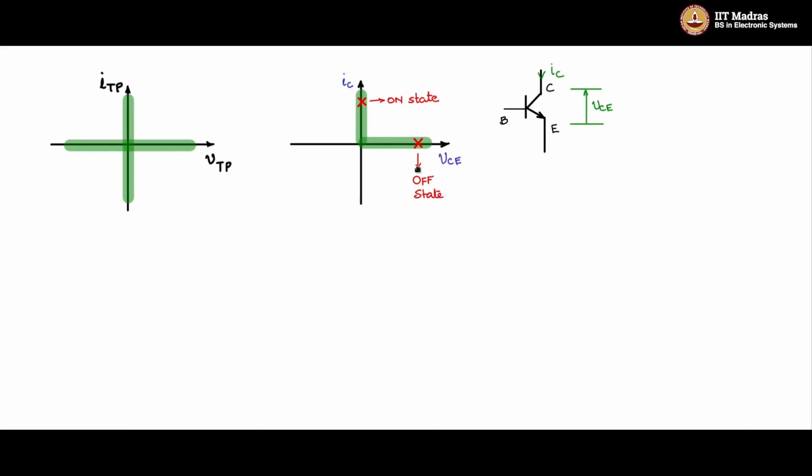Now if I have to transition from the off state to the on state, one way is to go along this line with 0 current, then at 0 voltage, go along this line and reach this operating point. If you take this route, at every point on this route, the power loss is 0. In all these portions of the route, current is 0.